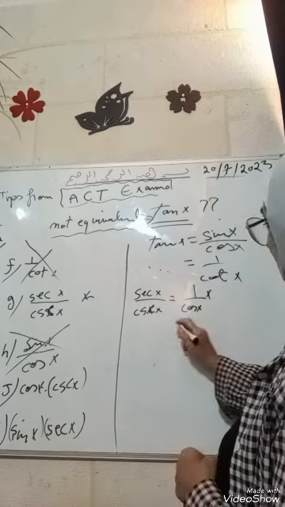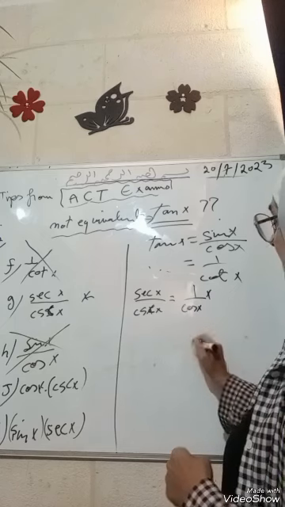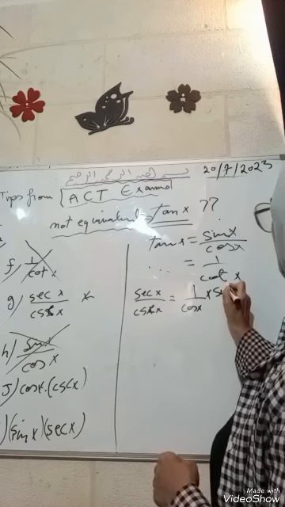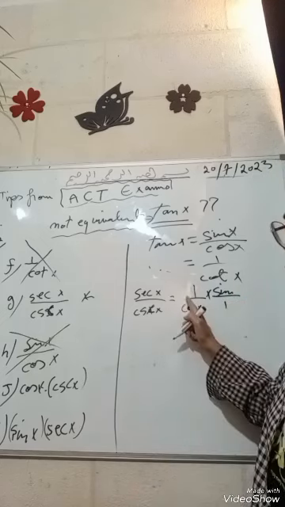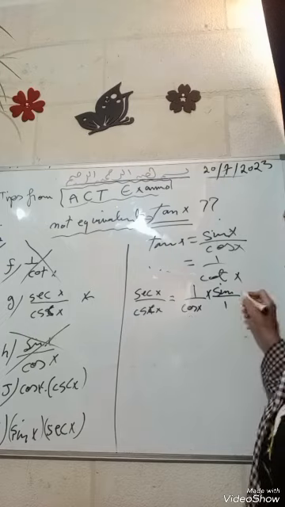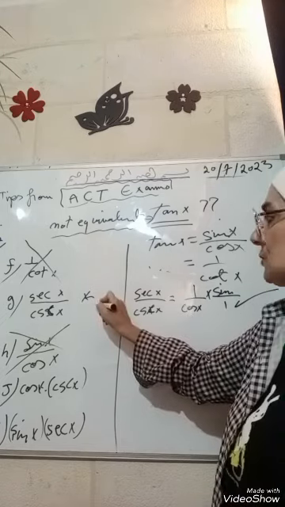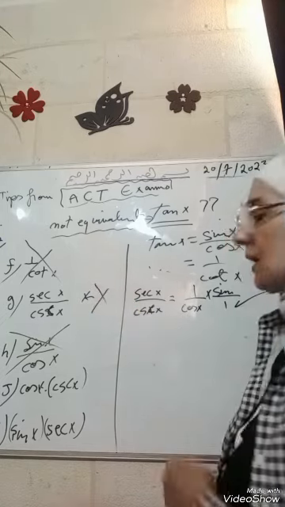So, divided by 1 over sine, or I can write it here, sine x over 1. So it's obvious, it's sine x over cosine x, which is the tan. So this one is not what I need.